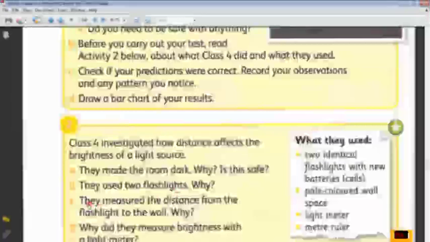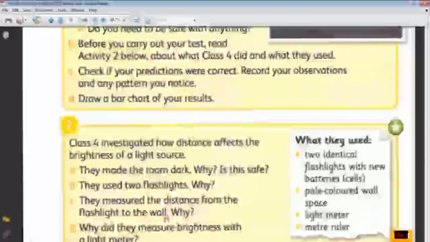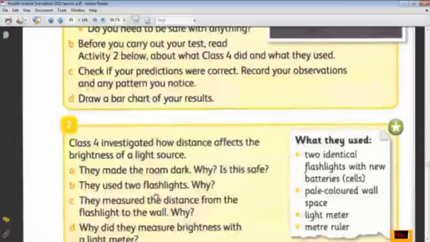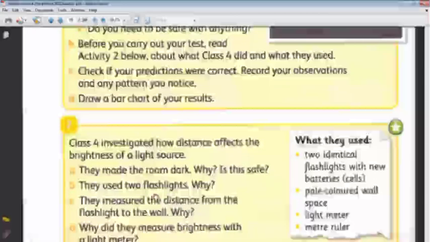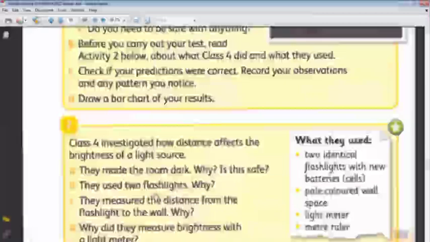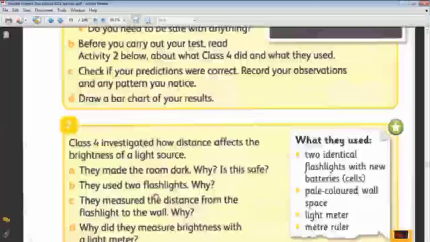Question C. They measured the distance from the flashlight to the wall. Why do you measure the distance? They measured the distance to see which is dimmer and which is bright. Yes, and to know the distance, so they can make a pattern.